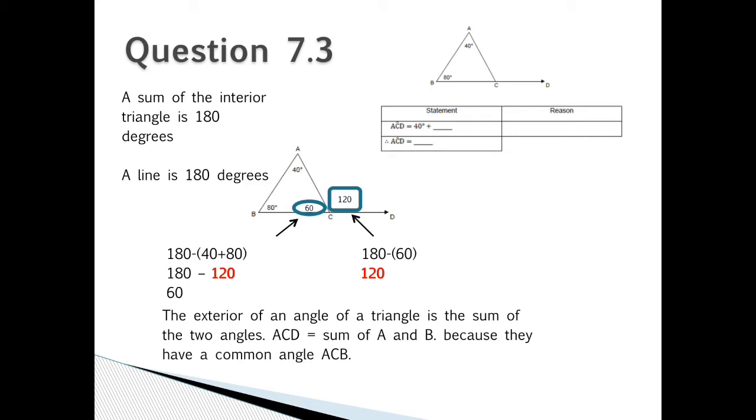The line is 180 degrees, so you can calculate it as follows: 180 minus (40 plus 80), which is equal to 180 minus 120, which gives you 60. So angle C is equal to 60 degrees.